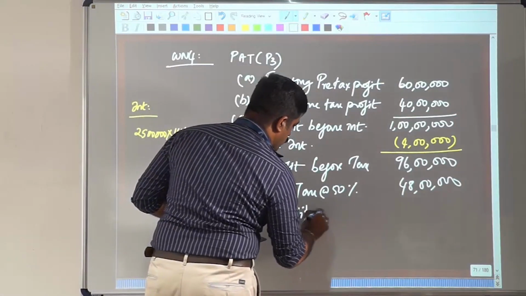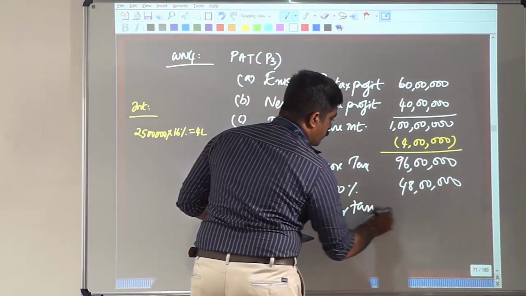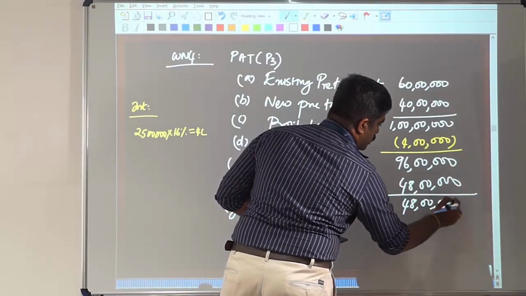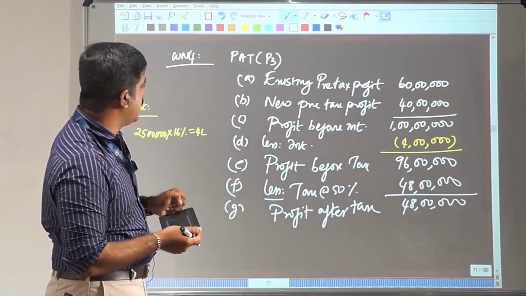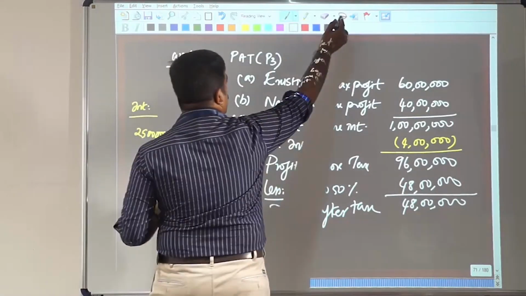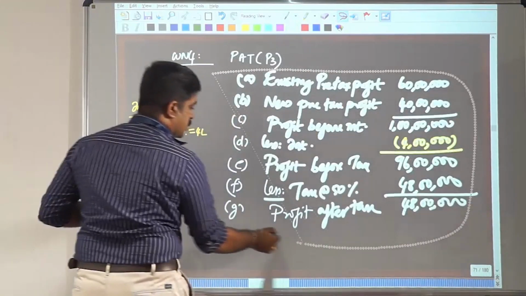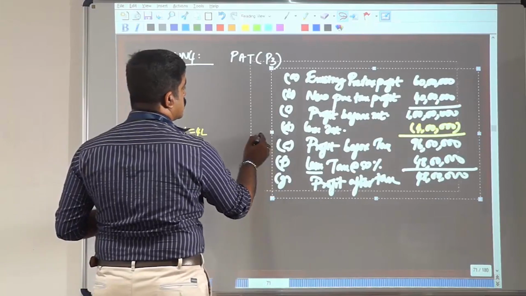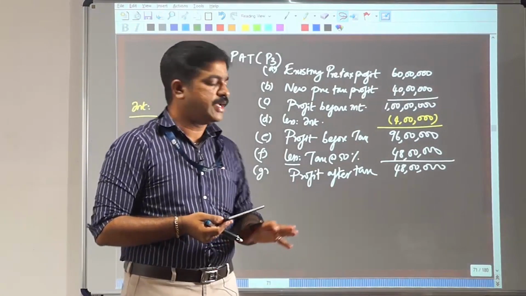That will also be the same figure, 48 lakhs. Now I have to divide this by the number of shares so that I can find EPS. Let me reduce the size so I can do the calculation here itself. So now I know my profit after tax is 48 lakh.